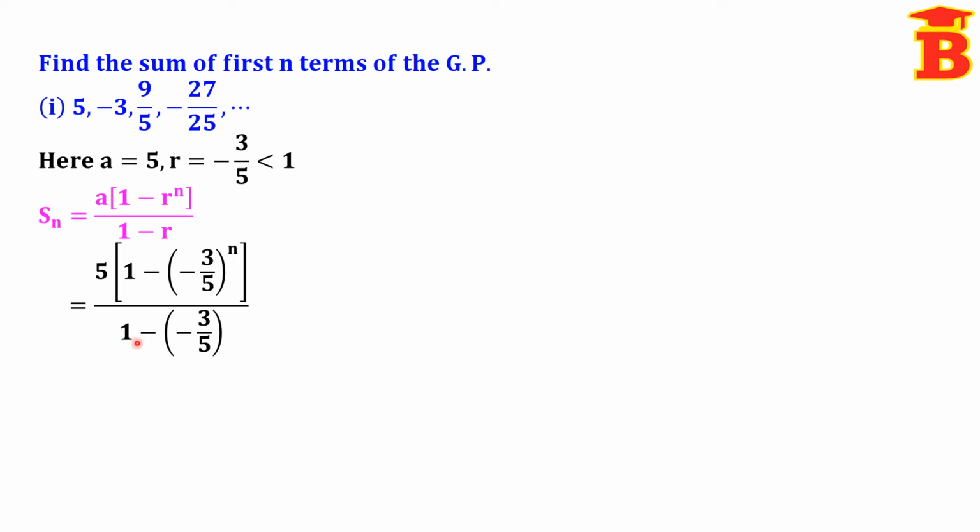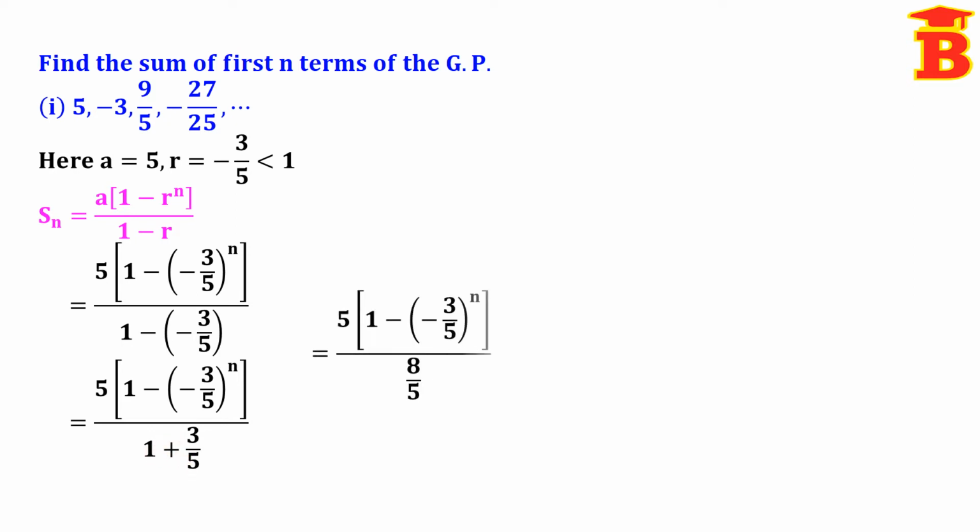Now see the denominator. This is minus into minus plus. So 1 plus 3 by 5. Taking LCM, 5 plus 3, 8 by 5. Now this denominator 8 by 5, take reciprocal and write, that is 5 by 8.